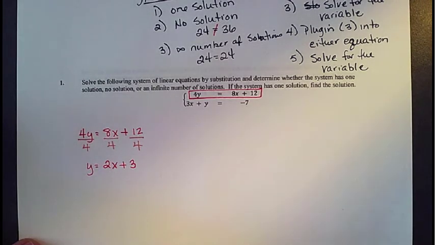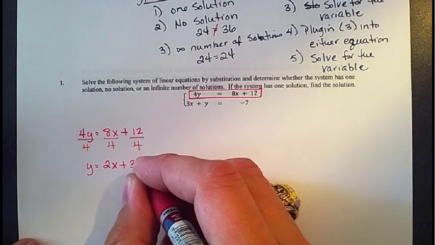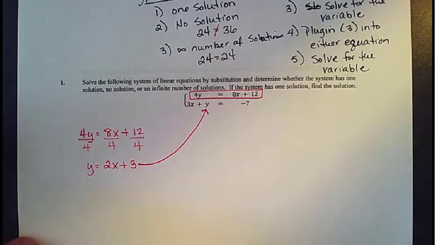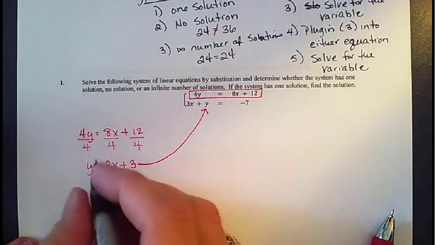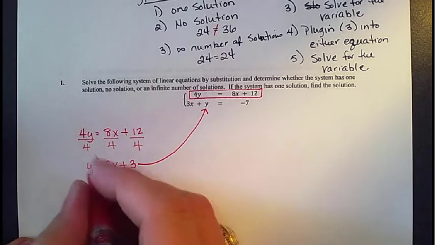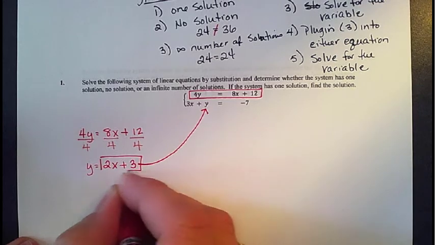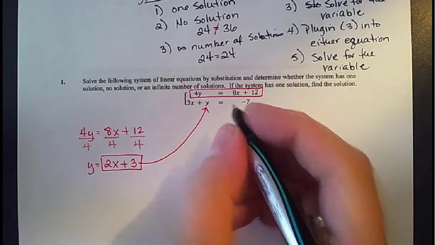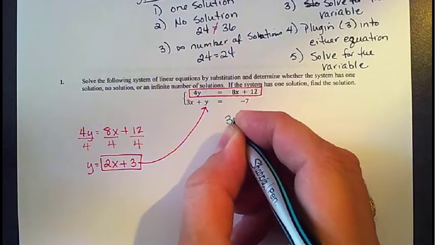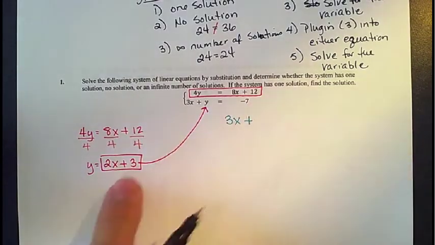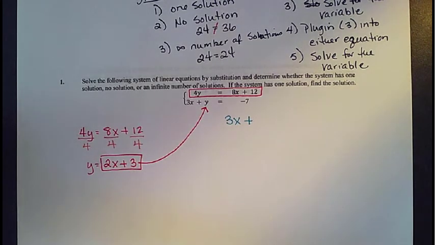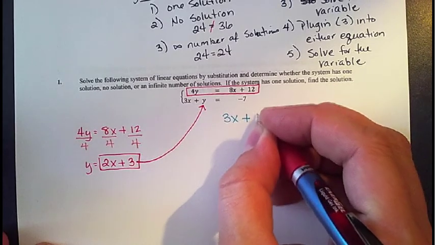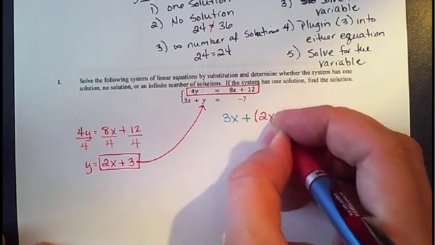So I'm going to take that 2x plus 3 and plug it into the other equation. That's going to be the important part. I'm going to plug it into the other equation. So I'm going to take this and plug it in. I'm going to call that my blue equation. So this is going to be 3x plus, plug in that full binomial, plus, I'm going to put it in parentheses just because it makes me feel better.